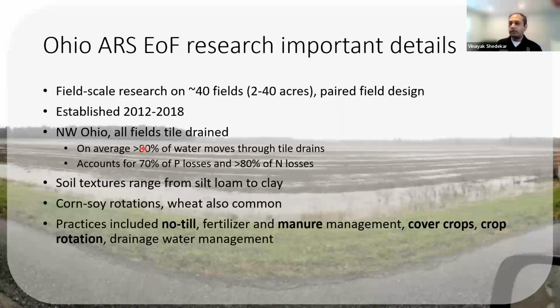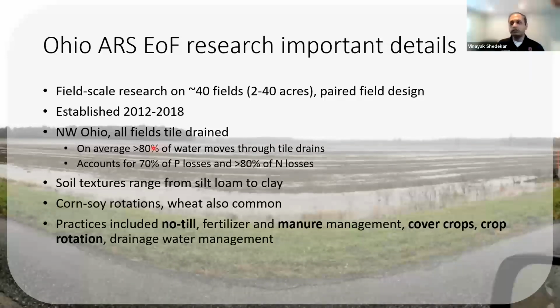About 80% of that water is going to be lost from the tile drainage system. If you look at the numbers, about 40 inches of precipitation that we get in a year, about half of that just goes back into the atmosphere as evapotranspiration. Whatever is remaining, about 10 to 12 inches is what you are going to see at the tile outlet.